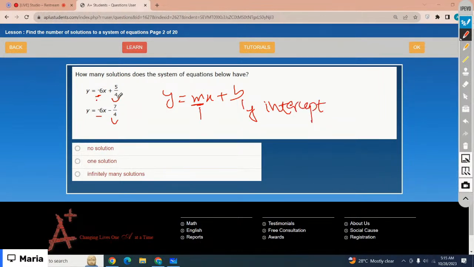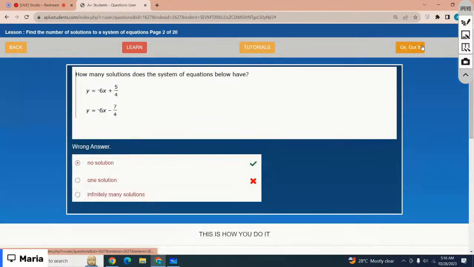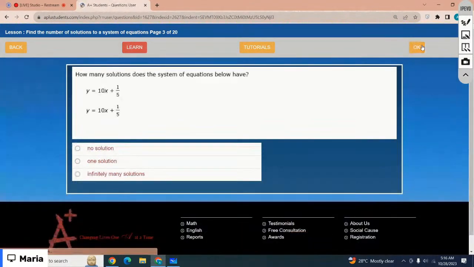If the slopes are same but the y-intercepts are different, that means the system has one solution, right? I think one. Okay, let's see. I'm a bit confused between one and no. Okay, no solution, right? If the slopes are same and y-intercepts are different, the system has no solution, right? The correct option is no solution.